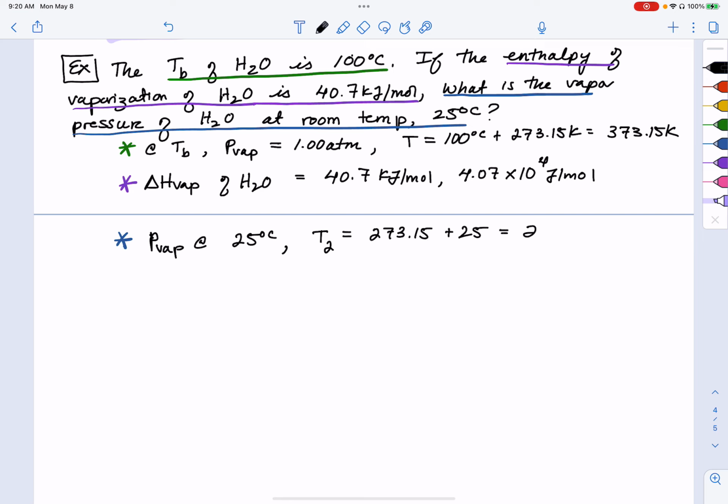This gives us 298.15 Kelvin. All right, again, this is our goal. This is what we want to find, this vapor pressure. So let's call this P2, and let's call the other one P1.